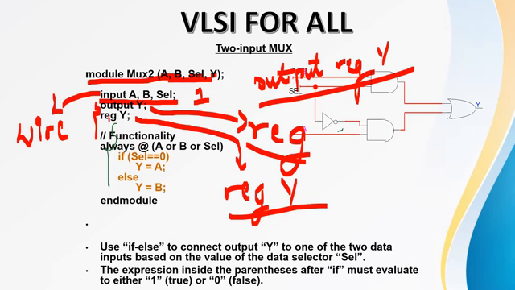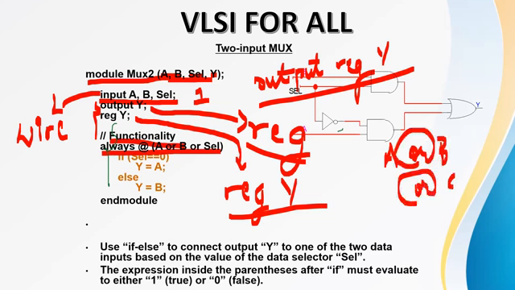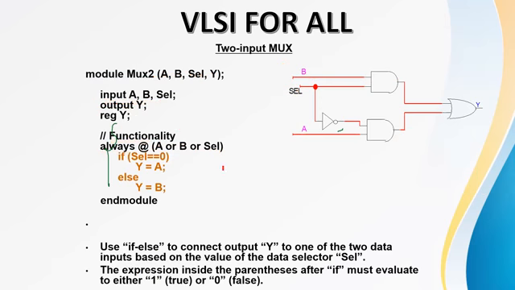Now we are defining the functionality. What is the functionality? always at A or B or select line. This is the sensitivity list: A or B or select line. Whenever any of them changes, I have to check certain conditions. I have to check if the select line is 0.